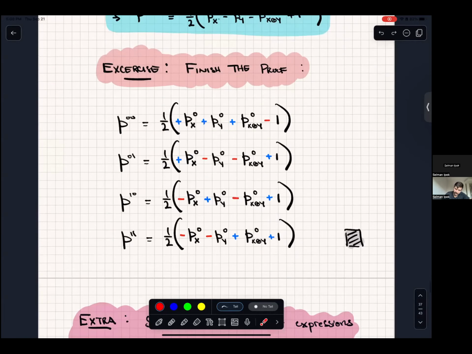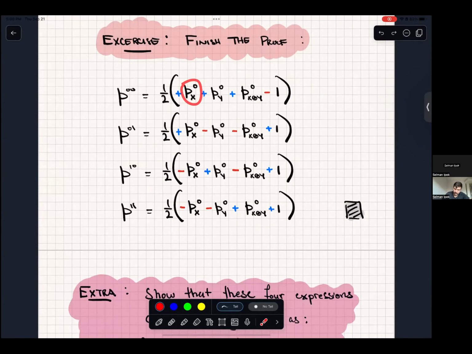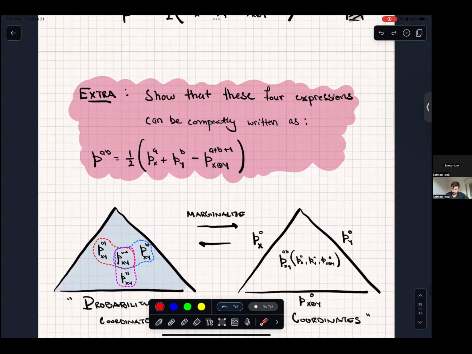Why? Because every coordinate comes with 2 pluses and 2 minuses. So when I sum up all of these, all the p's will cancel out, this one and this one with this one and this one, say. But what you're left over with is -1, +1, +1, +1. That's a total of 2. But then you're dividing by a half. There you go. It's normalized.